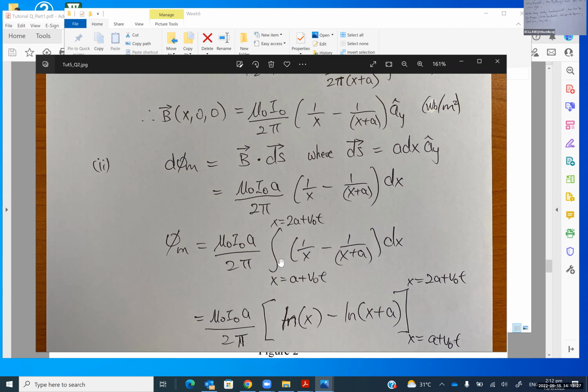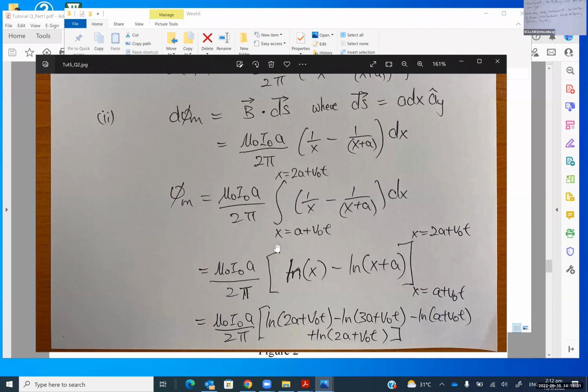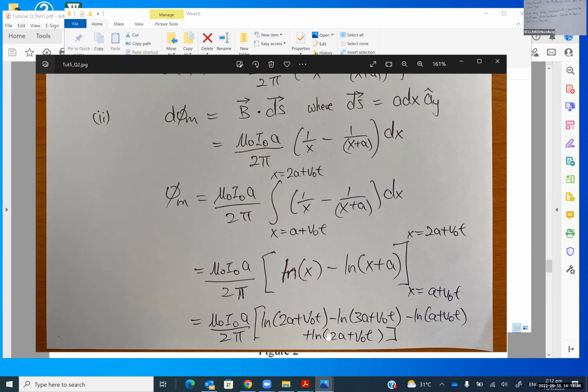I cannot remember how to prove it. This one is the same, ln of x plus a. Put in the limits, and this is it. Don't bother to simplify, because later on you're going to differentiate anyway.